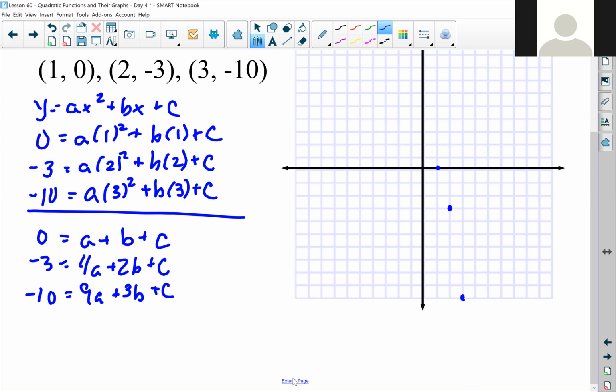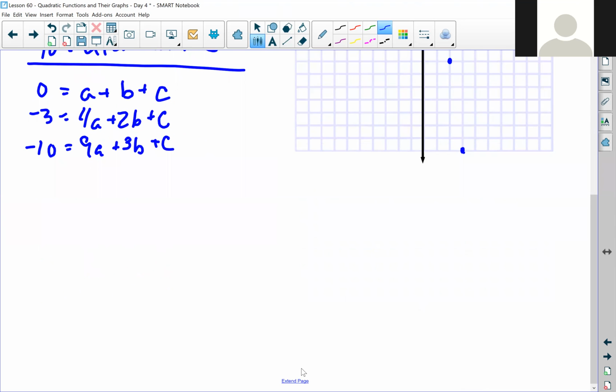We can figure out a, b, and c by using methods from the beginning of the course, where we can use elimination or matrices or things like that. I'm going to go through it using elimination. I notice each of my equations has a plus c.